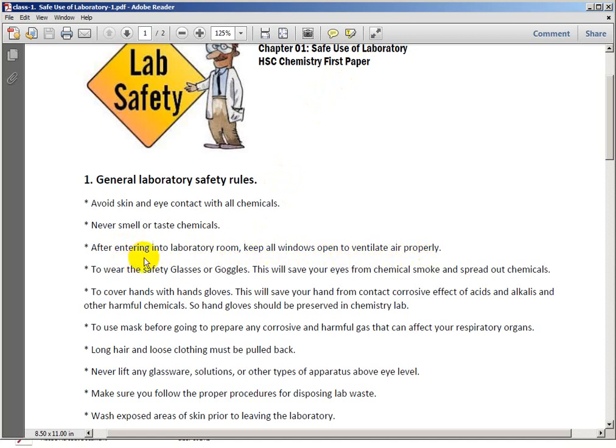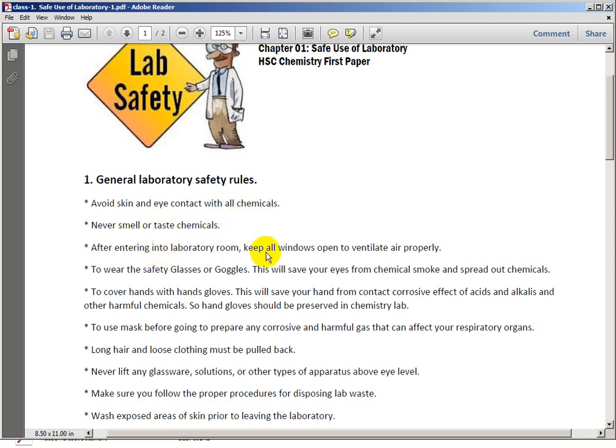When you enter the chemistry laboratory, you should keep all windows open to ventilate air properly. Never taste or smell chemicals.